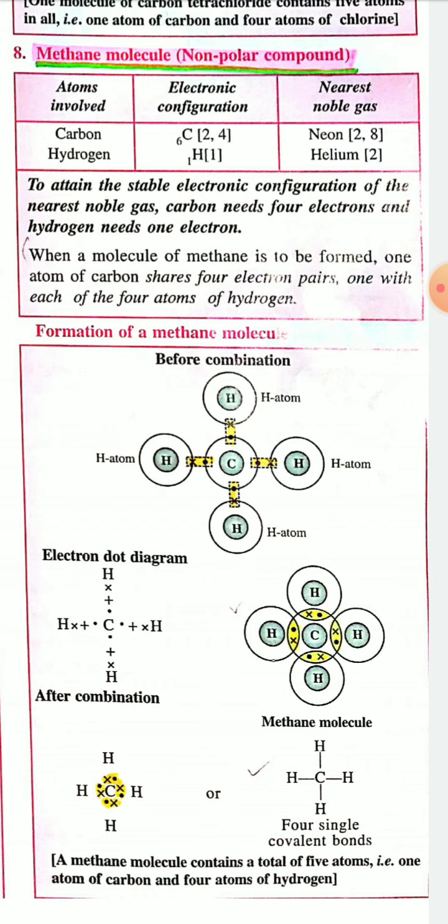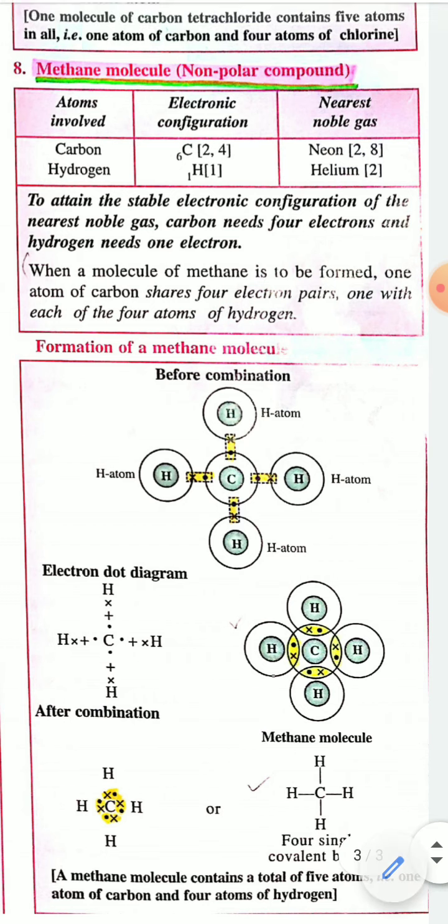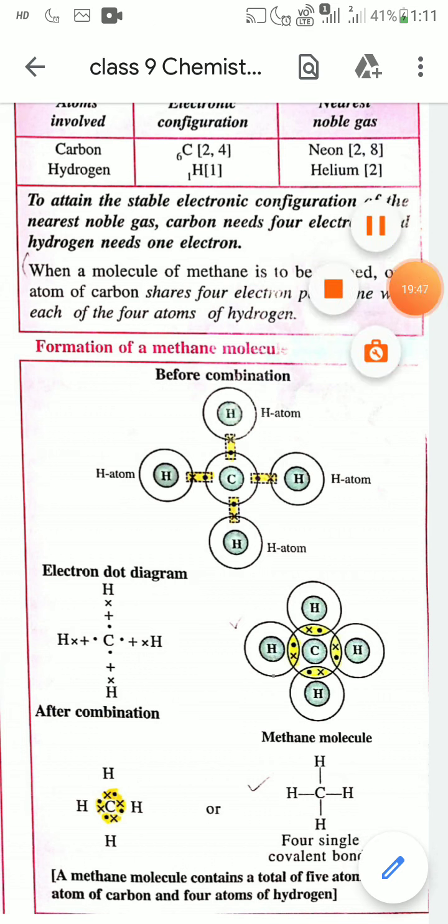So to attain the stable electronic configuration of the nearest noble gas, carbon needs 4 electrons and hydrogen needs 1 electron.